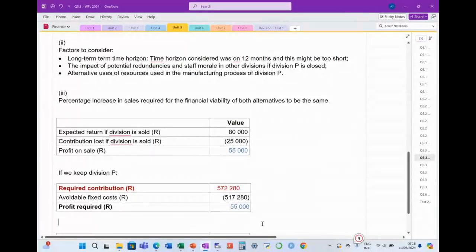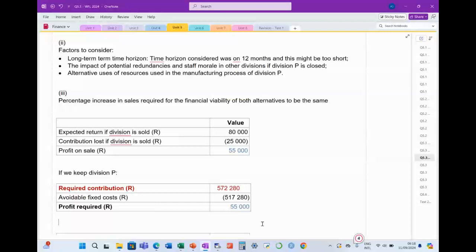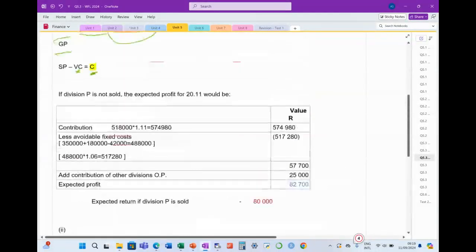How do we calculate how much the increase should be, what the percentage change should be? We need to know what the initial contribution was, isn't it? Don't they give you your existing contribution? We calculated it earlier, 518.